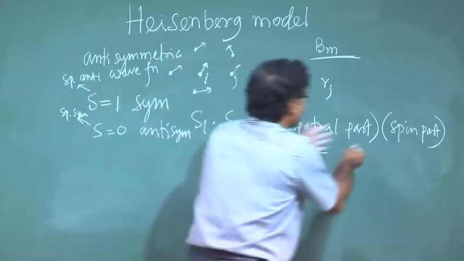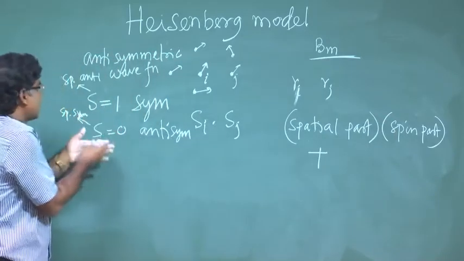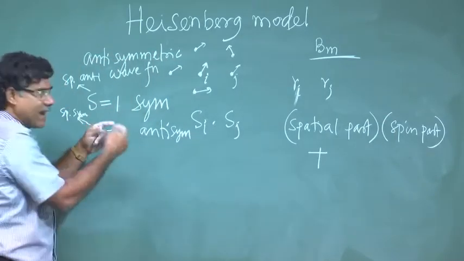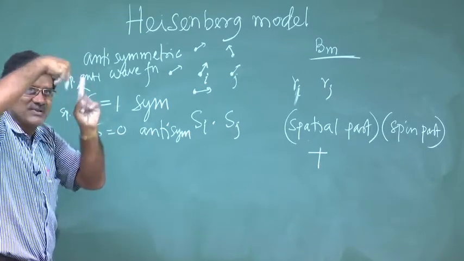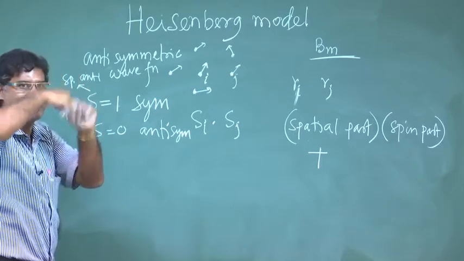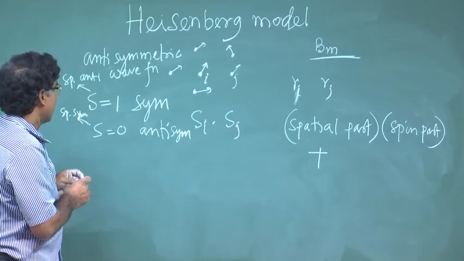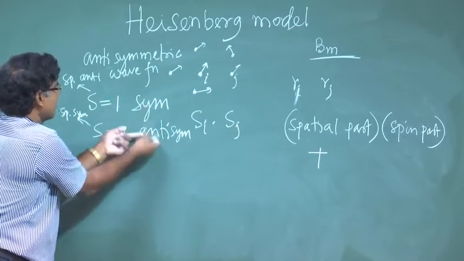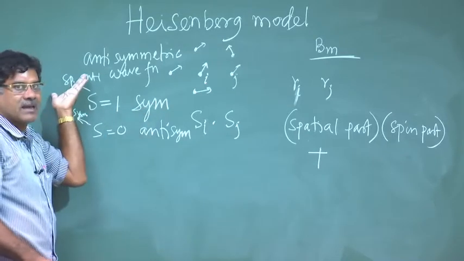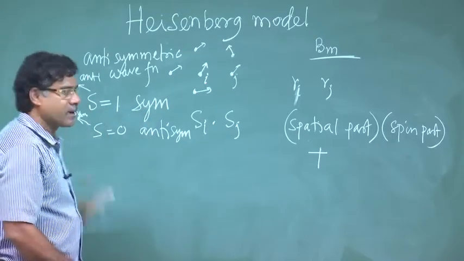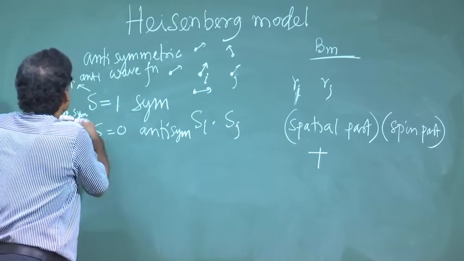If I just talk about the spin part, both spins are up, and if they exchange, one is up and one is down. When it exchanges, it goes from symmetric to antisymmetric, and simultaneously the spatial part goes from antisymmetric to symmetric.